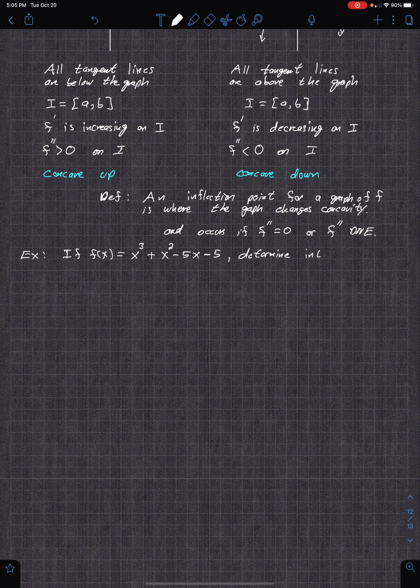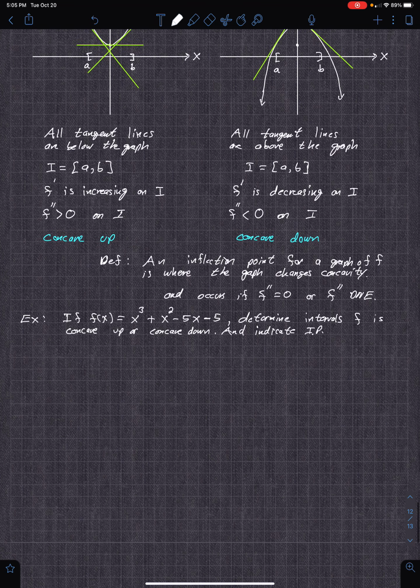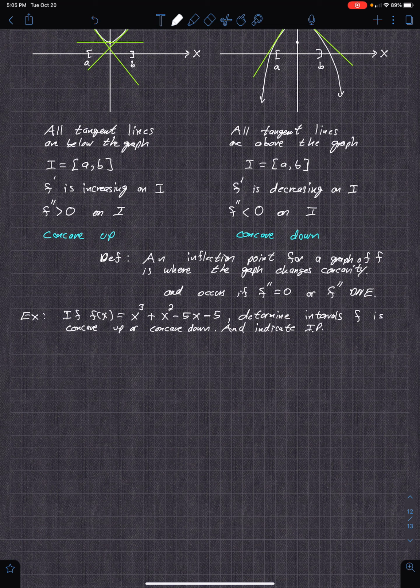Determine intervals where f is concave up or concave down, and indicate inflection points.